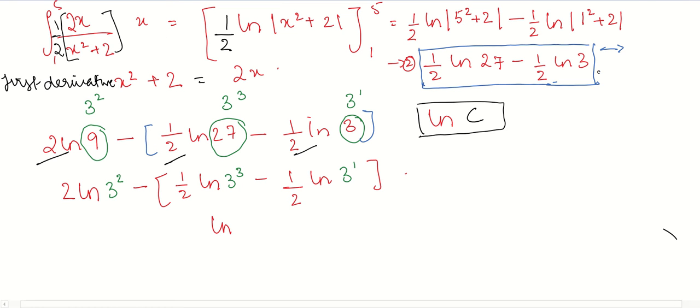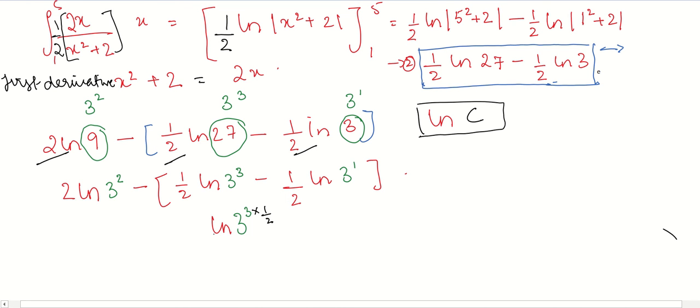now you have 3 to the power of 3, and we have 0.5 over here, we can make it a power of 3 to the power 3, that is 27. This is 27, right? So we can make it as a power of that. We basically multiply this with 1 by 2.